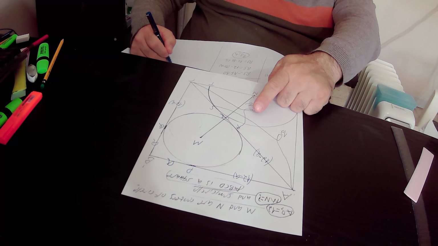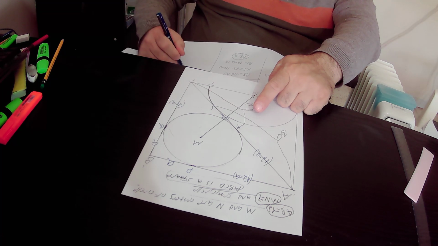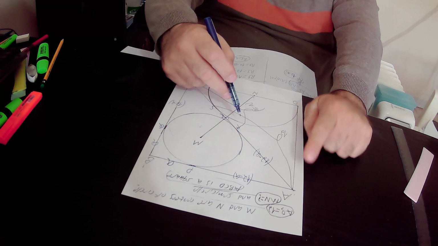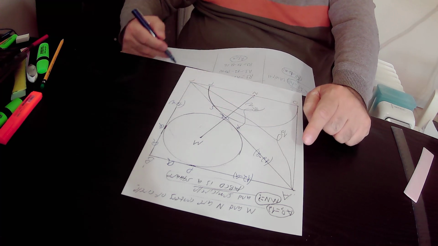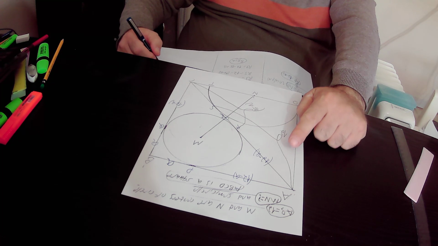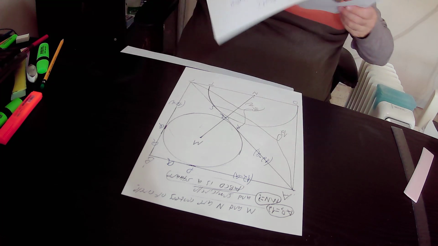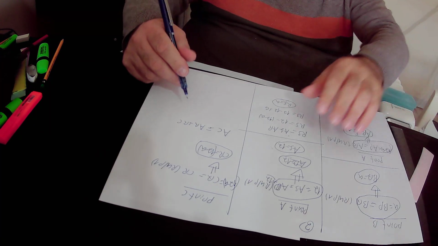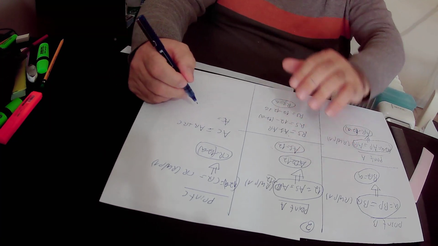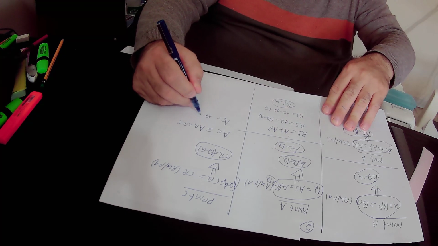But we have already found out that AR equals 12 minus A. So AC equals AR, that is 12 minus A, plus RC.